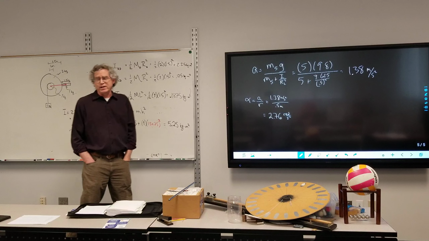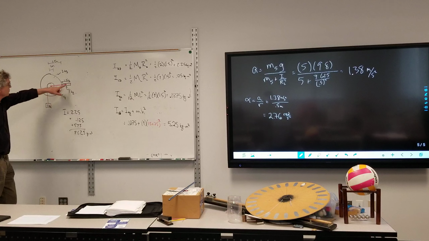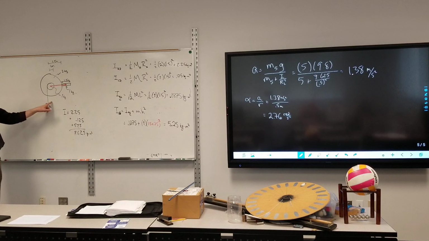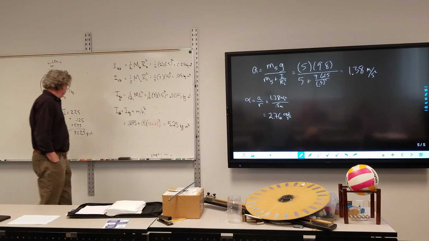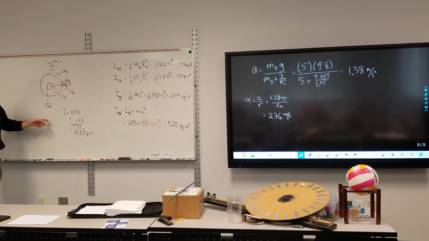All right, we still haven't answered the question that I started out with, which is how fast is the center of the rod going when it gets to here? As long as this is falling, as long as nothing is changing in the overall makeup of this, we have a constant acceleration. My torques are staying constant, the forces are staying constant.